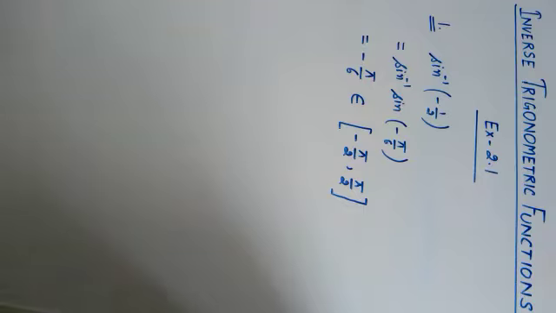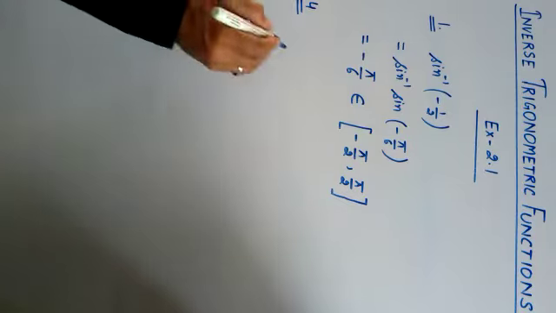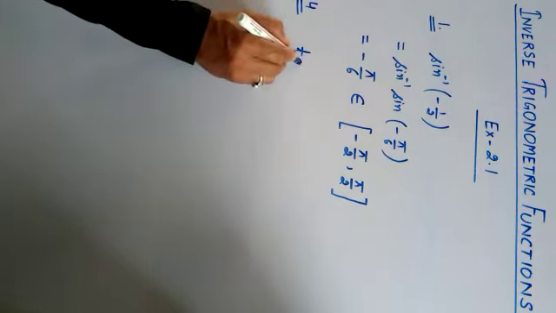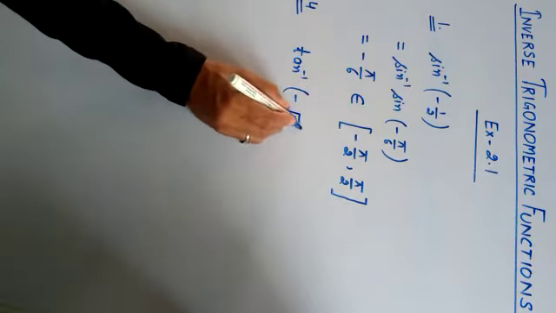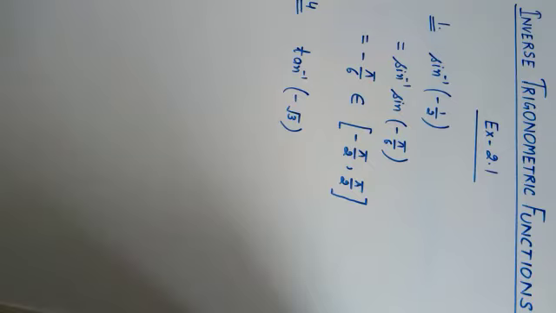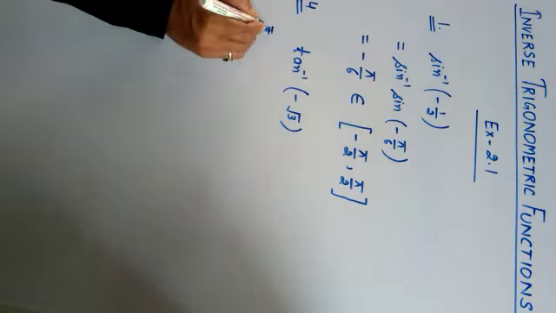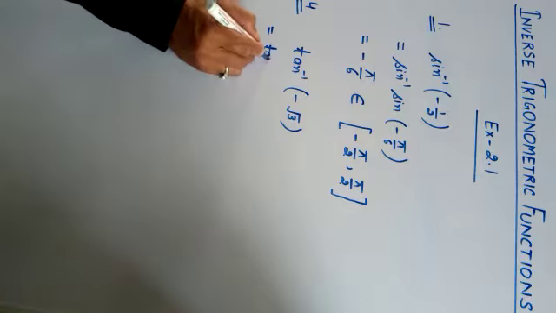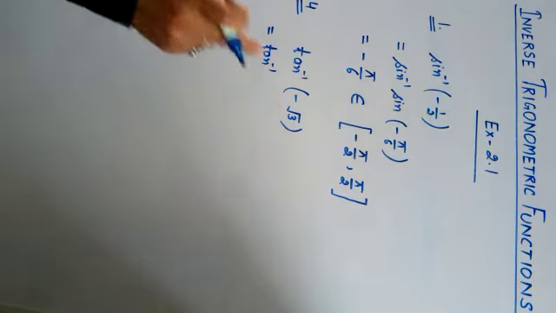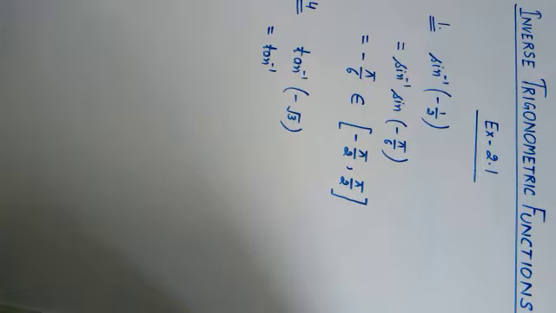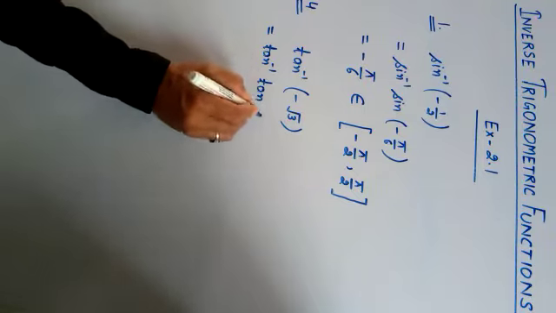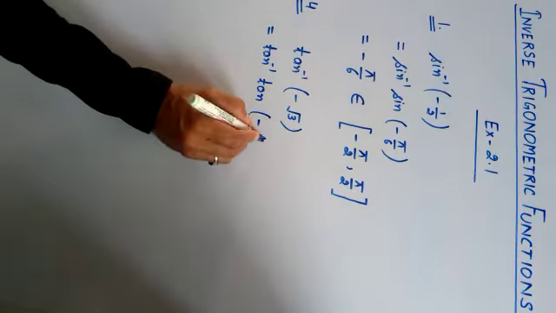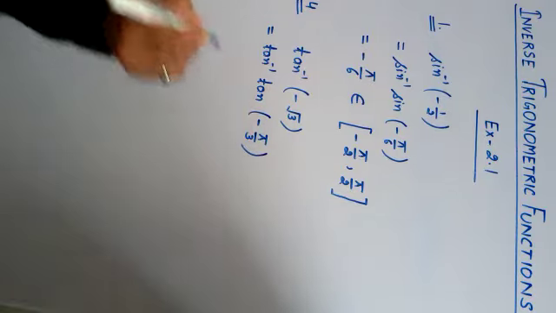Let us take another question, which is question number 4. Tan inverse minus root 3. Now again tan inverse as it is. Now root 3 is the value of tan 60. So we can write tan minus pi by 3.